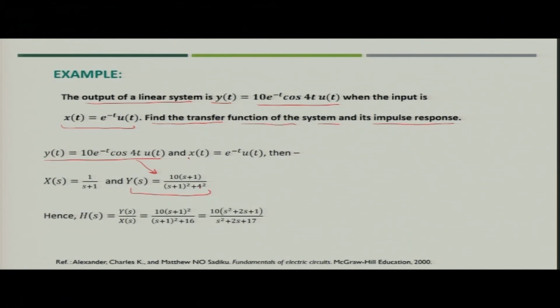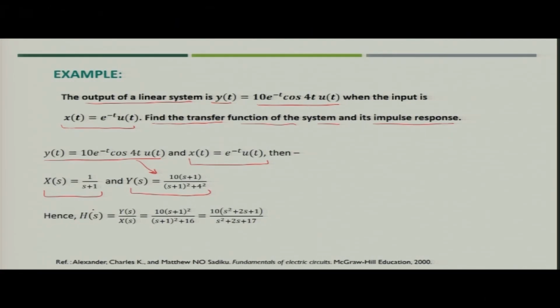Now, the input function is e to the power minus t ut. The Laplace transform of ut is nothing but 1 by S, since e to the power minus t is attached to the unit step function, and this will become 1 upon S plus 1.